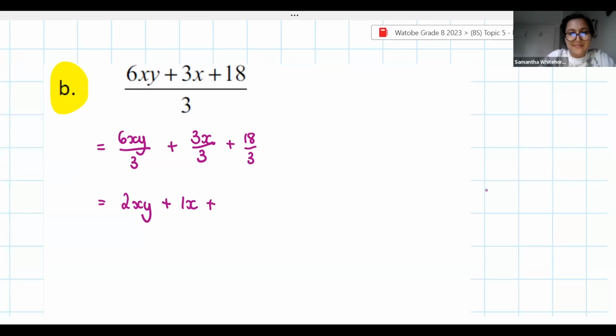Then 18 divided by 3 is going to give me 6. Then I wrote equals. Then, ma'am, for 1x, I didn't have to write the 1, so I wrote 2xy plus x plus 6. Perfect. Well done, Bonolo. Very nicely done.